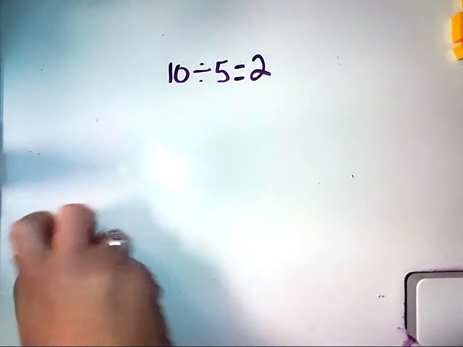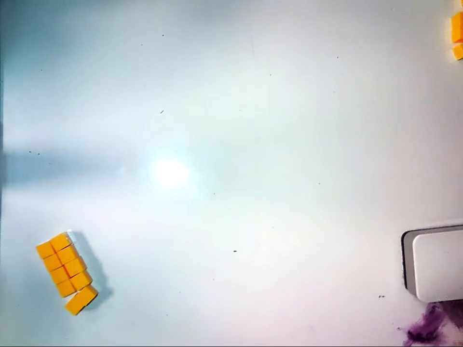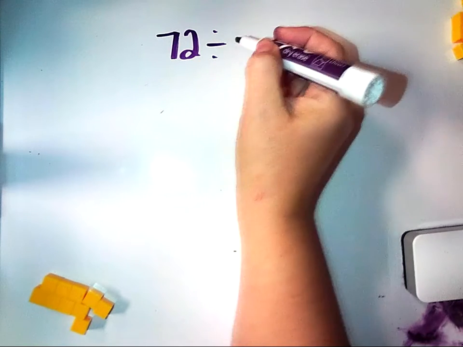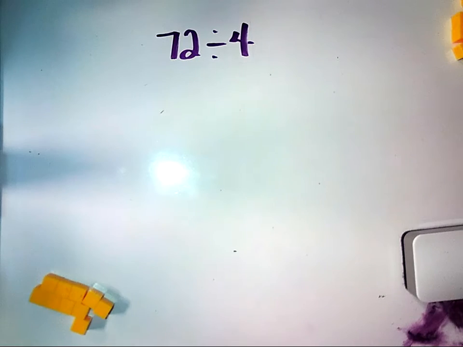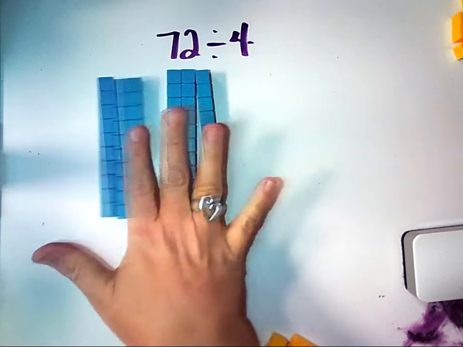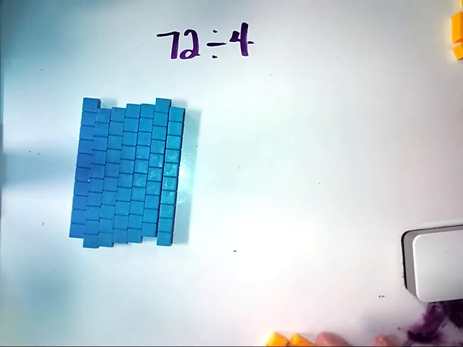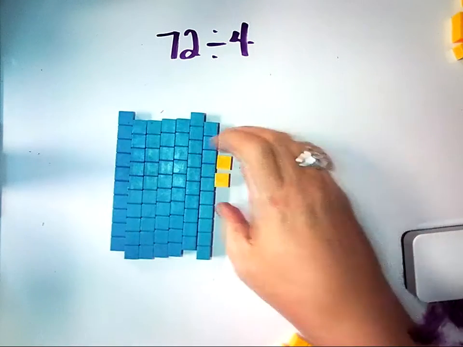So as we then move on up to, let's say I have 72 divided by 4. So we represent our 72. 1, 2, 3, 4, 5, 6, 7. 72 divided by 4 means I want to split that into 4 equal groups.